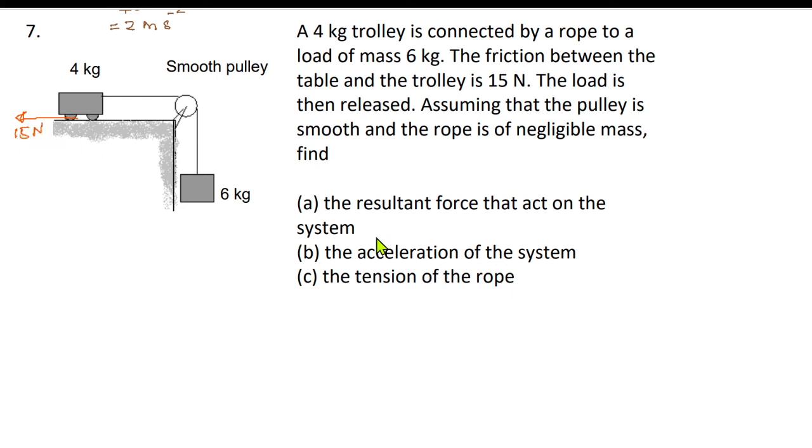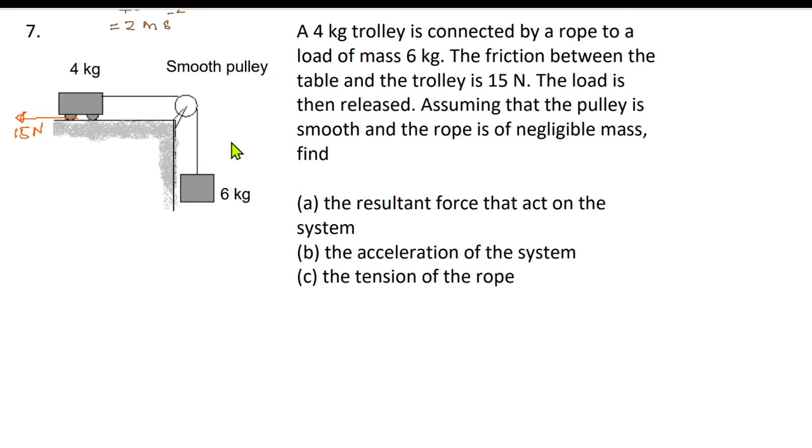The load is then released, assuming that the pulley is smooth and the rope is of negligible mass. Alright, so if you are given this situation, I have 4 kilograms, 6 kilograms. To which direction does this thing move? Definitely it's moving toward the 6 kilograms.